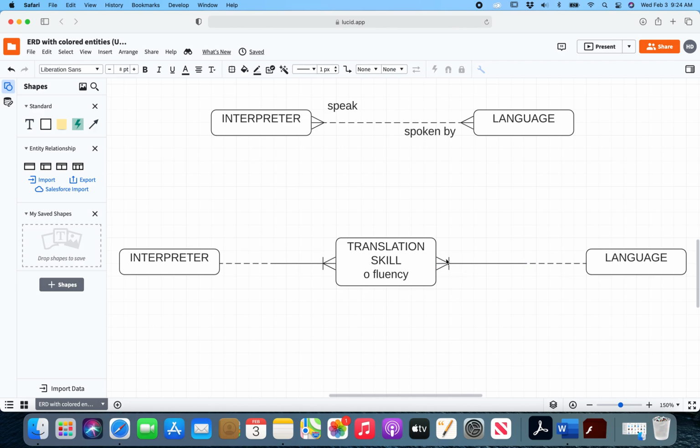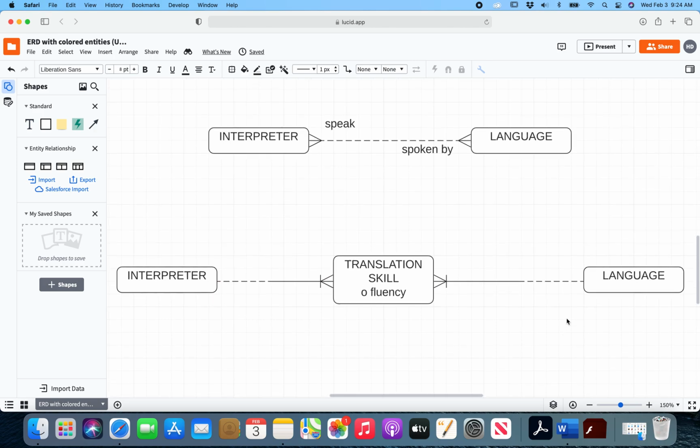We could have one or more skill levels for each language, depending on how many interpreters we have. And again, we're putting this bar on here to signify that translation skill entity is gaining UID from interpreter and language. So here is your final UID ERD for the second part of question 1.